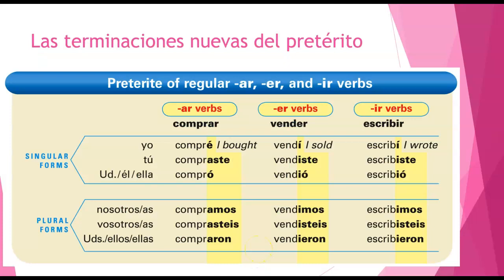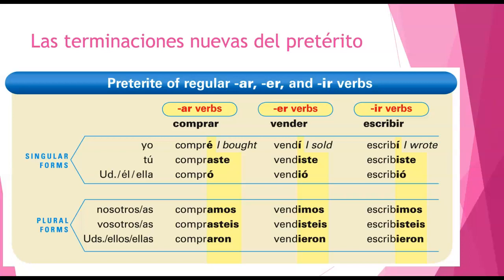Now, to form the preterite, we have new endings. Now, AR verbs have their own endings. ER verbs and IR verbs are going to share the same endings. And you'll notice that the yo and the él, ella, usted forms have an accent mark.